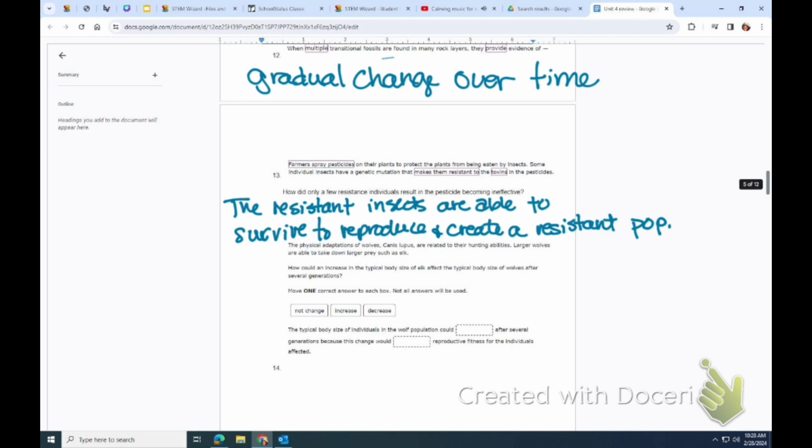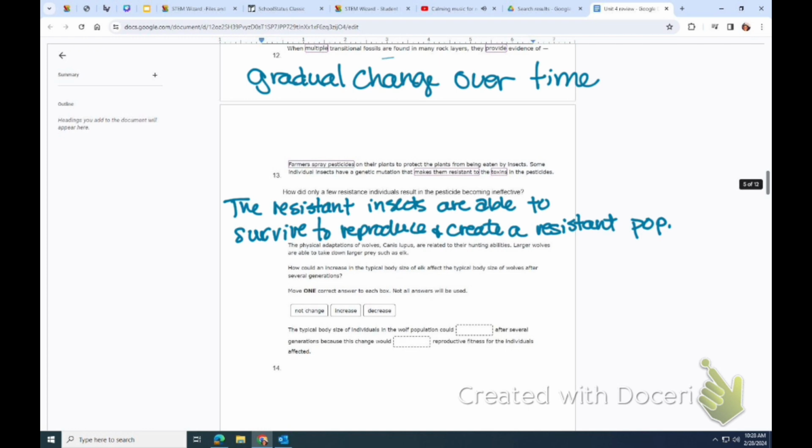The next one's a fill in the blank. Physical adaptations of wolves are related to their hunting abilities. Larger wolves are able to take down larger prey, such as elk. How would an increase in the size of elk affect the body size of wolves after several generations? So we're going to start with the first box. It says the typical body size of individuals in the wolf population would what? Increase. Very good.